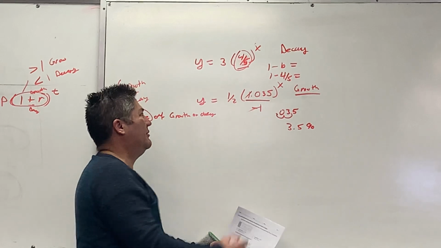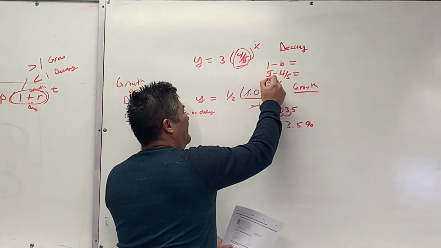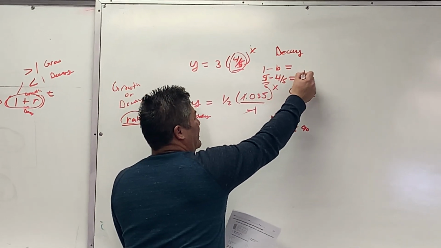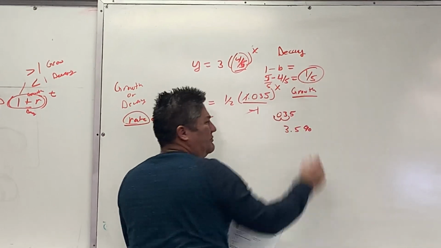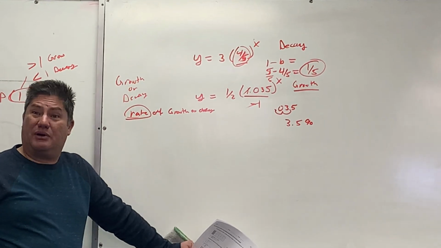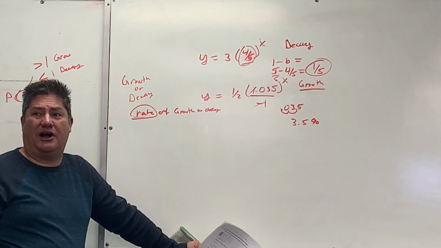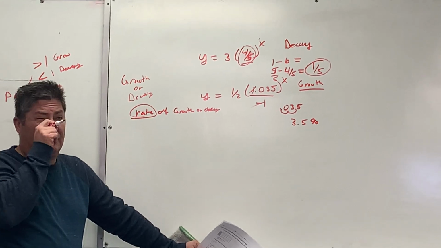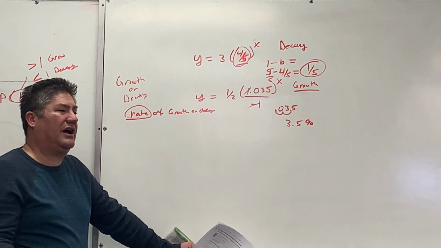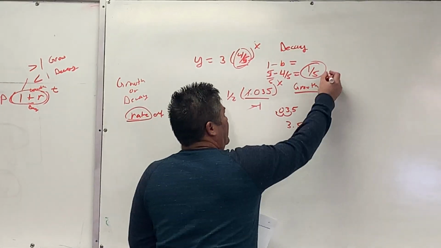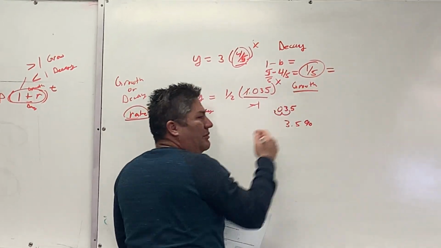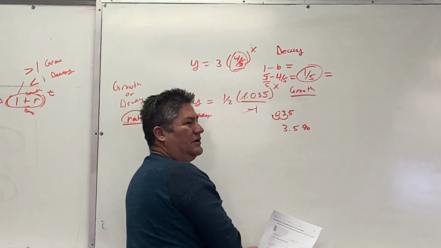Got to have a common denominator, 5/5. 5 minus 4 is 1/5. That is my rate. But it says I need it as a percent. So I got to do that on a calculator. Do 1 divided by 5. Tell me what it is. Brendan, do that for me, will you please? 1 divided by 5. What is it as a decimal?